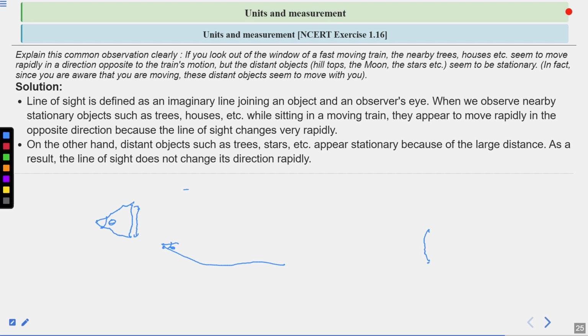So that's why you don't feel the difference, because the angle is almost the same. So you will feel that this object is actually moving with you. Is it clear?